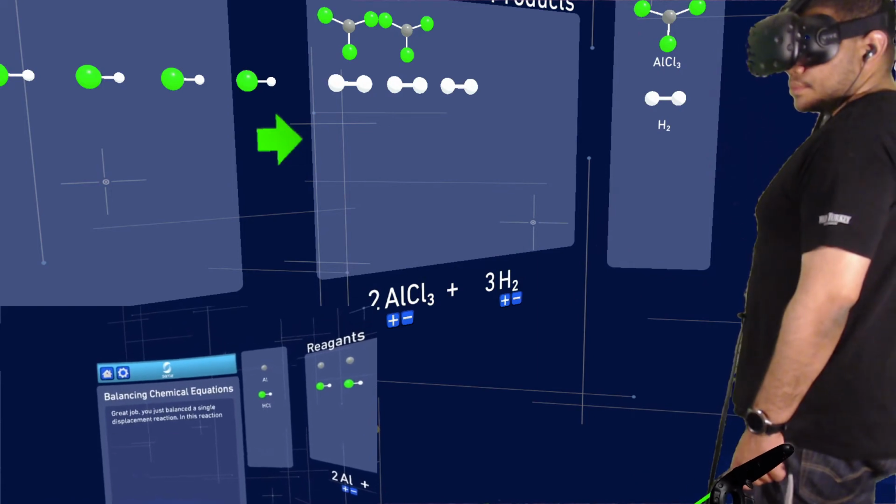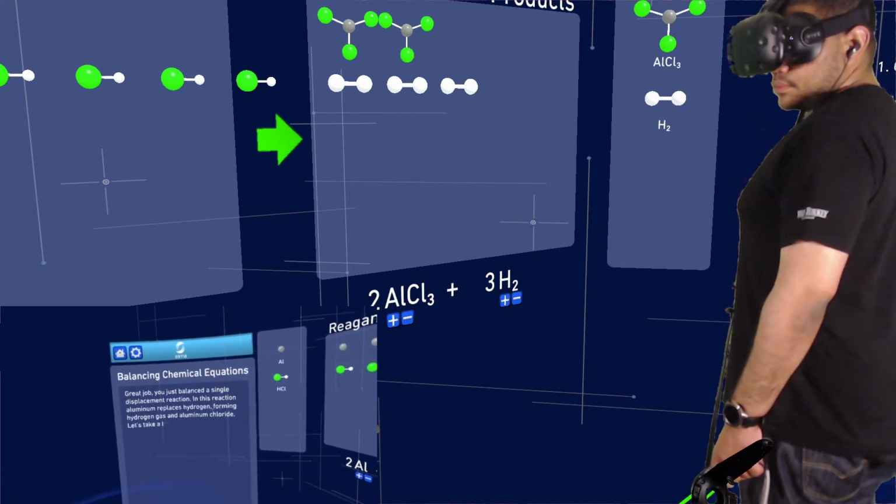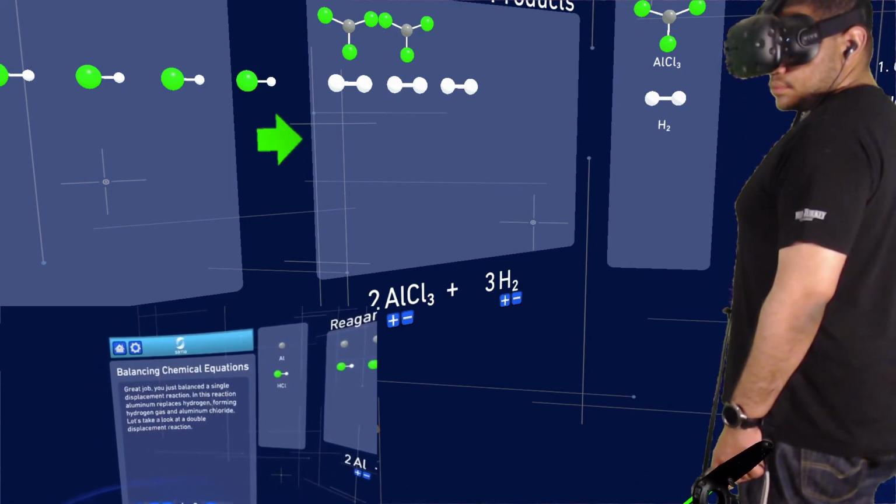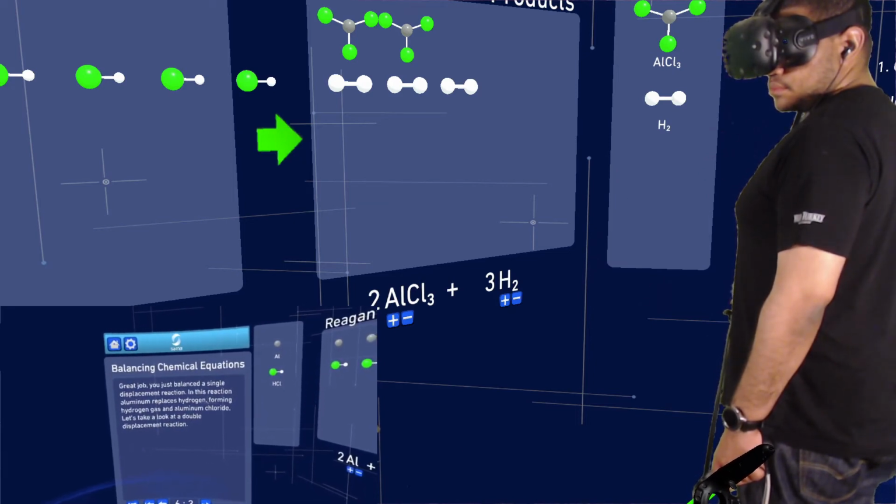Great job! You just balanced a single displacement reaction. In this reaction, aluminum replaces hydrogen, forming hydrogen gas and aluminum chloride.